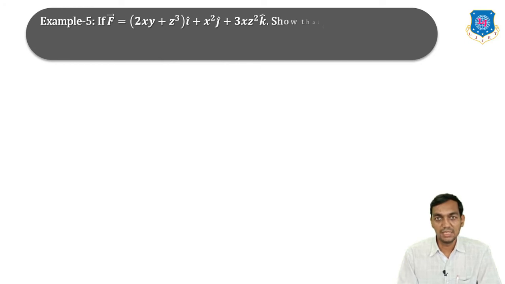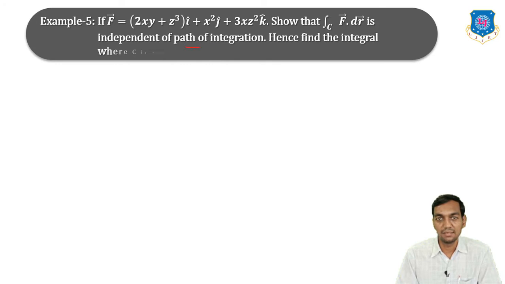Now, f bar is given by this, then show that the integral of f dot dr is independent of path, and hence find the integral where c is any path joining these two points.